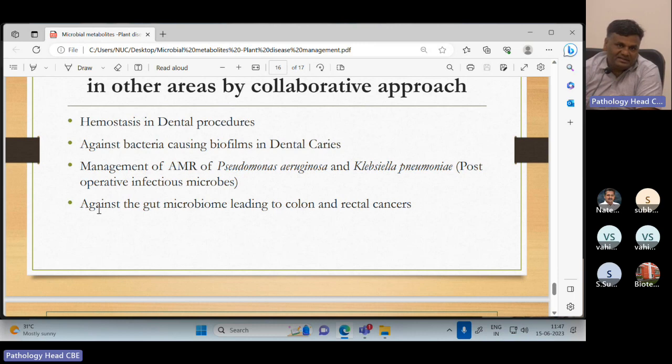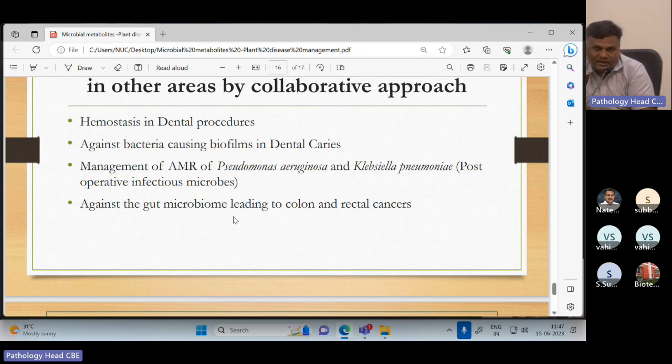And then there is the gut microbiome. We know our intestines have a huge population of bacteria, mainly bacteria that help in digestion. But not only that, their metabolites have an important role in leading to colon and rectal cancers.